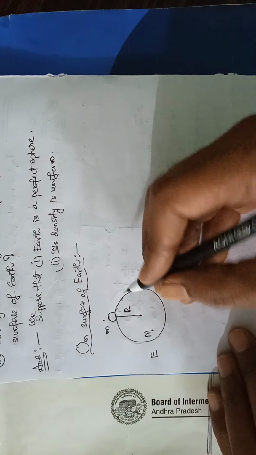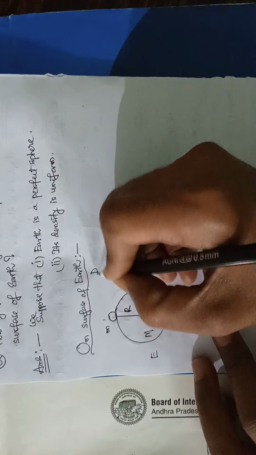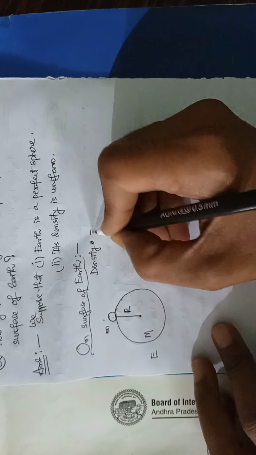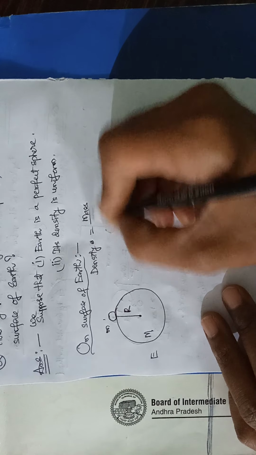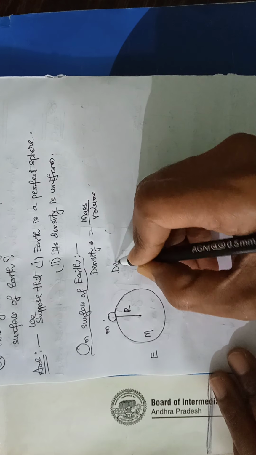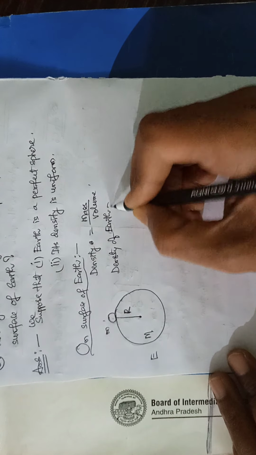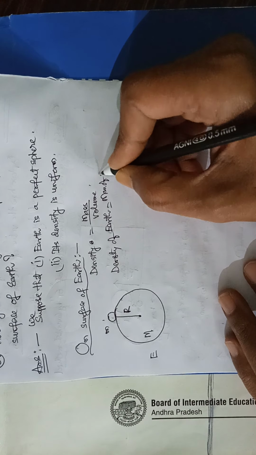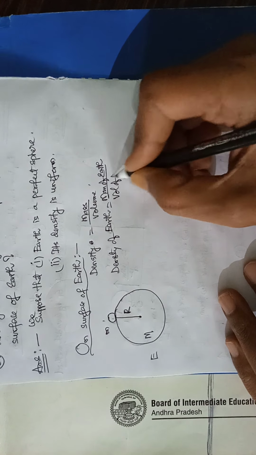Now let us calculate the density of the earth. The formula for density is mass by volume. So the density of the earth is the mass of the earth divided by the volume of the earth.